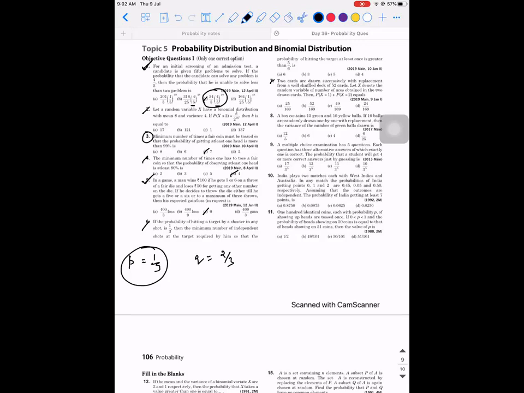Yes, sir. So 1 minus 2 by 3 the whole power n should be greater than 5 by 6. When you solve this, what are you getting? I'm getting 2 power n plus 1 less than 3 power n minus 1. So 2 by 3 the whole power n is less than 1 by 6.